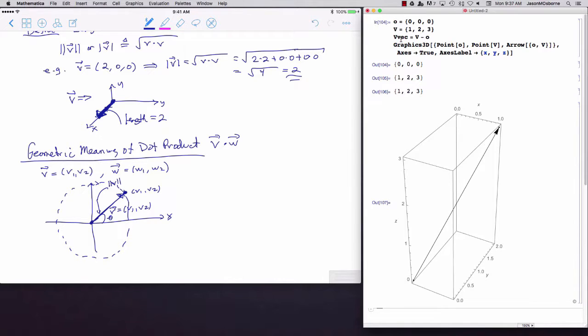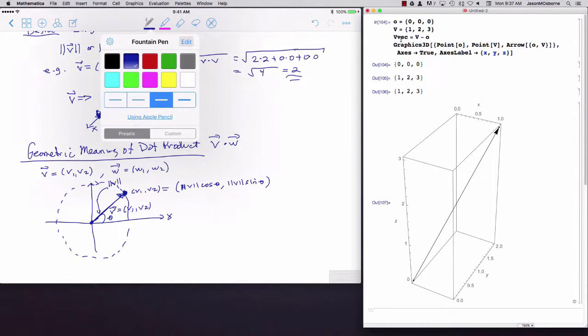So this point here, why it's called (v1, v2), you can also denote it as the length of v cosine of the angle, length of v sine of the angle. This is just trigonometry. This is the description of a point on this circle of radius length of v.